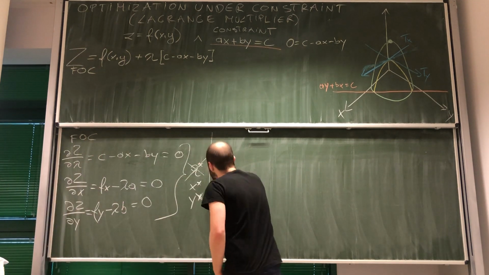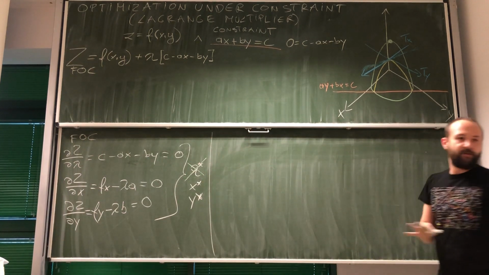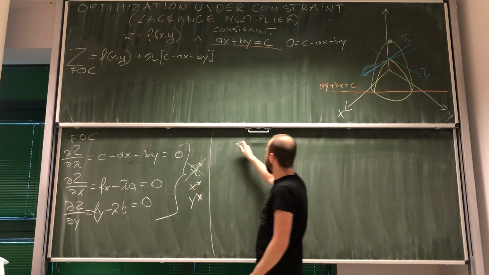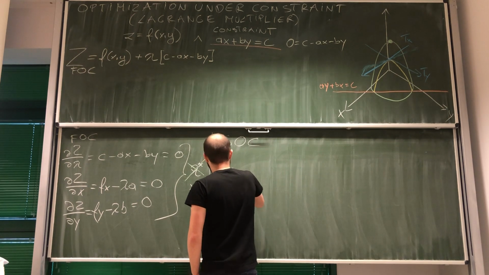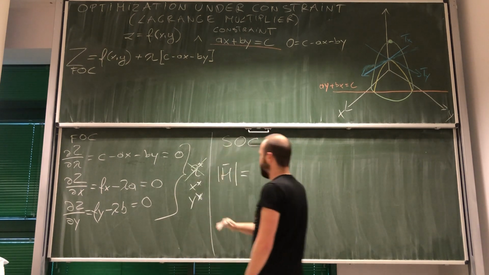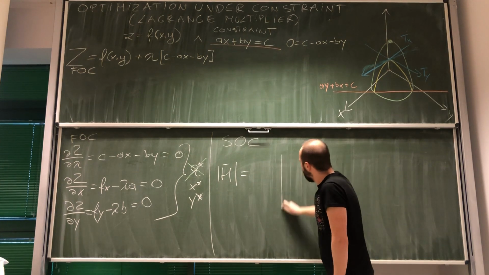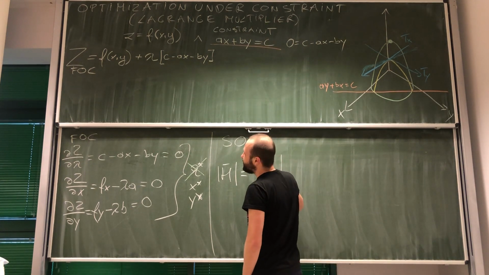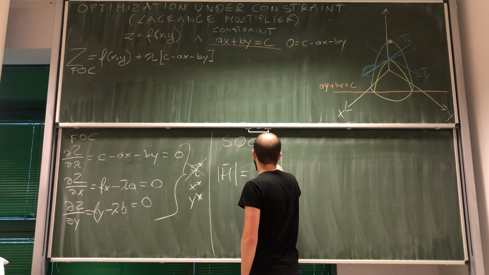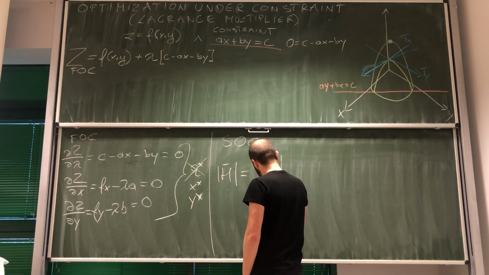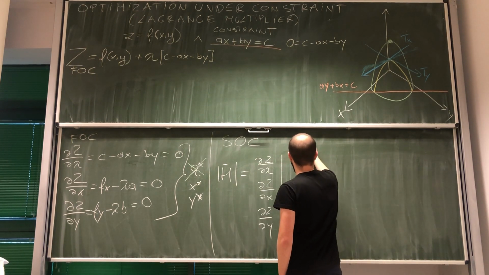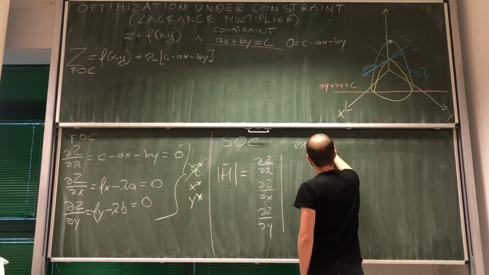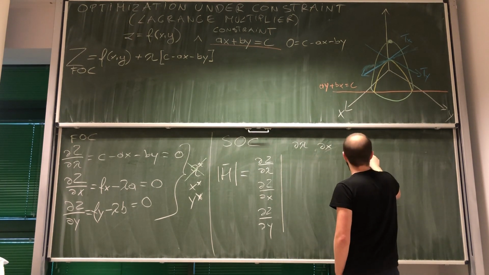Okay, so now that we've got this done, we can move on to second order condition. Okay, and look, in second order condition, we just calculate the bordered Hessian. Again, everything's going to be just simpler. Here we're going to have dz d lambda, dz dx, dz dy, and we differentiate with respect to lambda, with respect to x, and with respect to y.